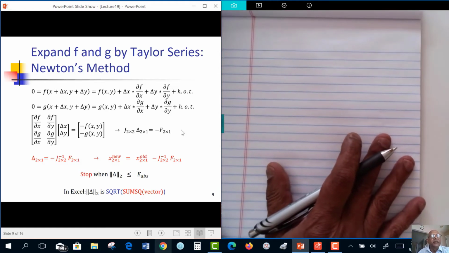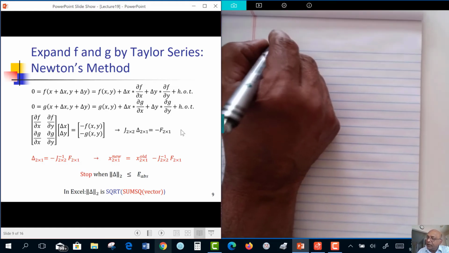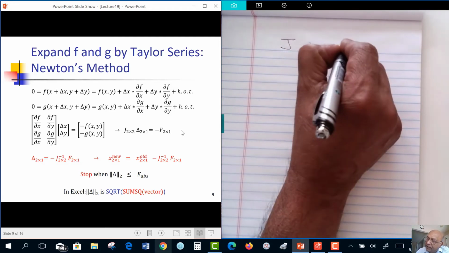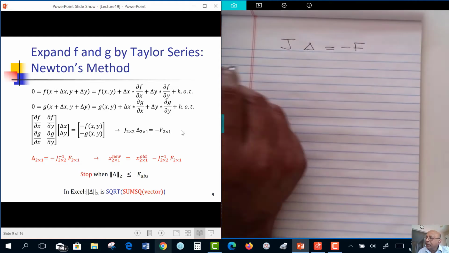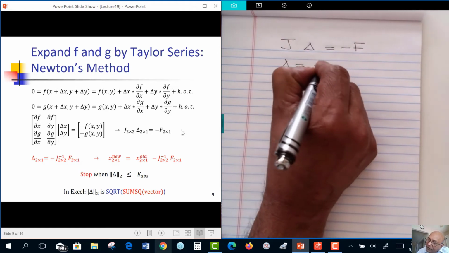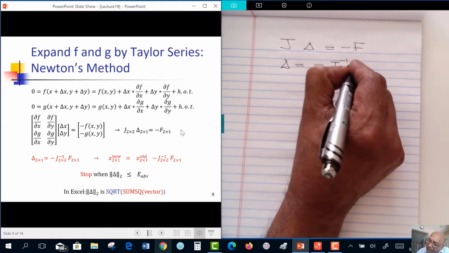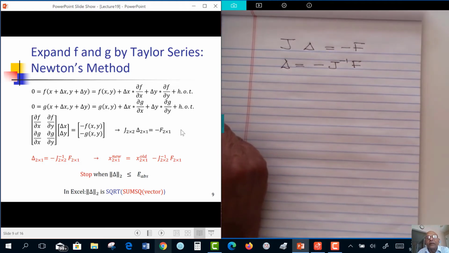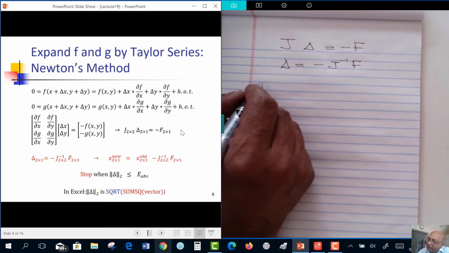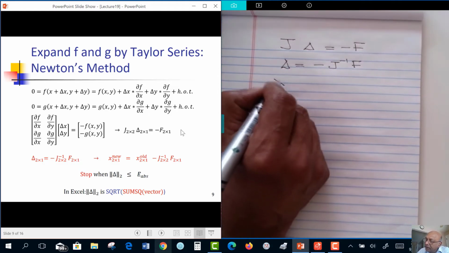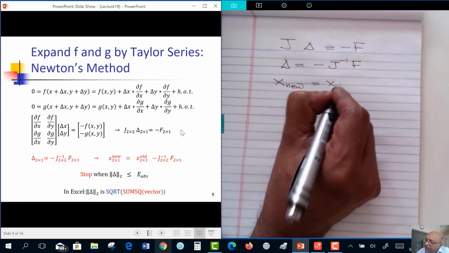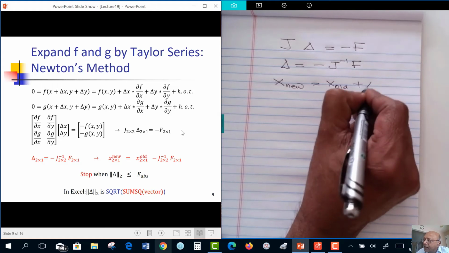So let me repeat this. We got our equation, J times delta is minus F. If we want to solve for delta, we will get J inverse times F. And once we have got delta, we can start with an old guess and add delta to it.